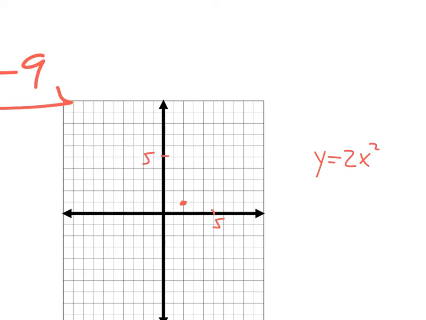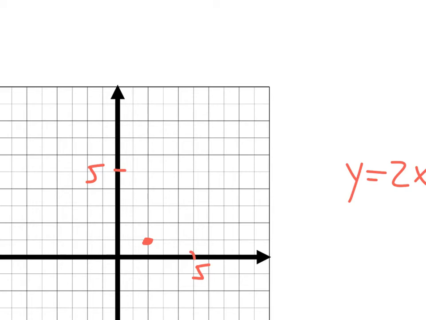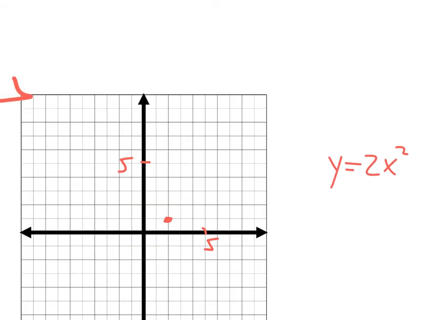Normally from the vertex, if we go right 1, we go 1 squared, which is 1. And 2 squared is 4, and so on and so forth. But this has a 2 in front, okay? So since this has a 2 in front, we're going to go up twice as fast. 1 squared is 1, but we're going to double that height and go 2 higher.